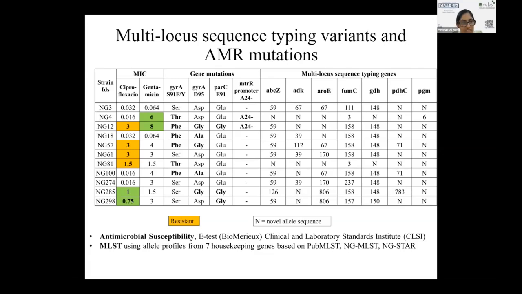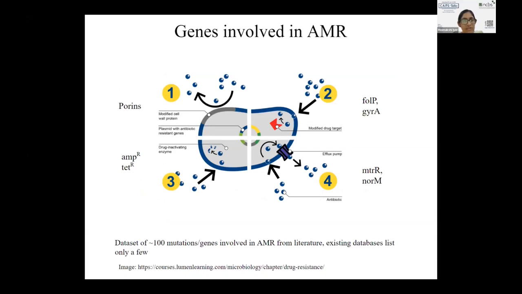Then we tried to look for all the specific gene mutations which can result in antibiotic resistance. As you can see in the colors marked for the resistant organisms, we were able to identify certain mutations which can lead to resistance. The mechanisms which give rise to antimicrobial resistance are as follows.